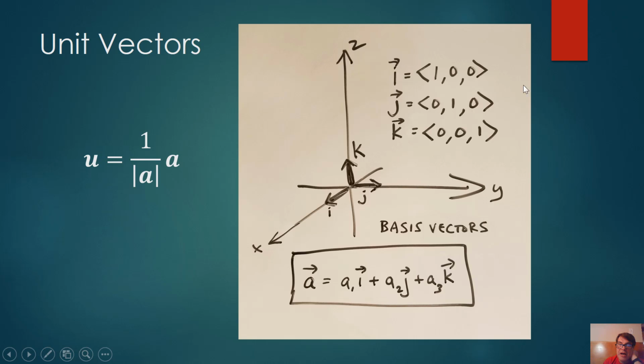And so if you were to write them in this kind of vector notation, the unit vector i is basically 1 in the x direction, and 0 in the y, and 0 in the z. And the unit vector j is nothing in the x direction but 1 in the y direction, 0 in the z direction. And then the unit vector k is 0 in the x direction, 0 in the y direction, and 1 in the z direction.